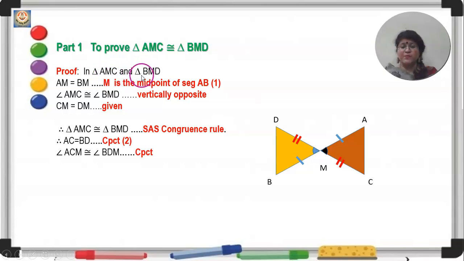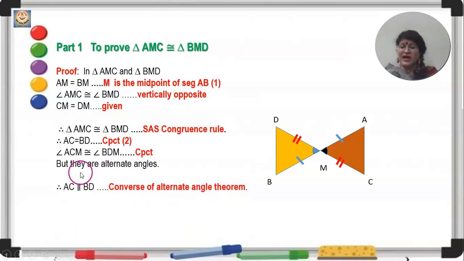ACM will be congruent to BDM because of CPCT. That means this angle here and this angle here. Now, if you look at the shape, isn't it Z-shape angles? That is the angle out here and angle out here. So, they are alternate angles, right?